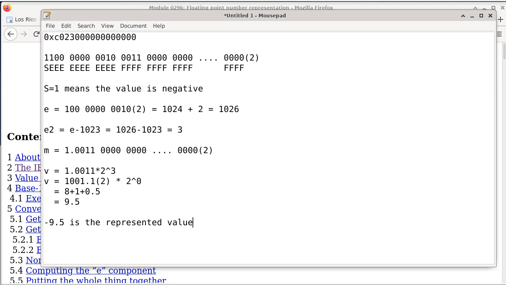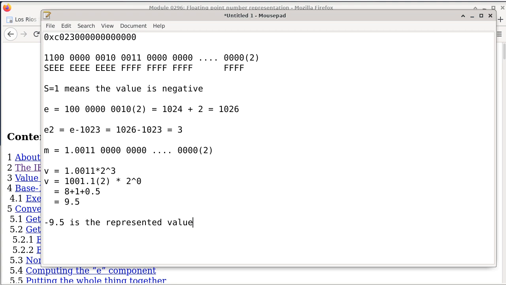So are we still good here, or do we have any questions about this process? Yep. One more time, what does the E component tell us again? So the E component is the biased exponent of 2.